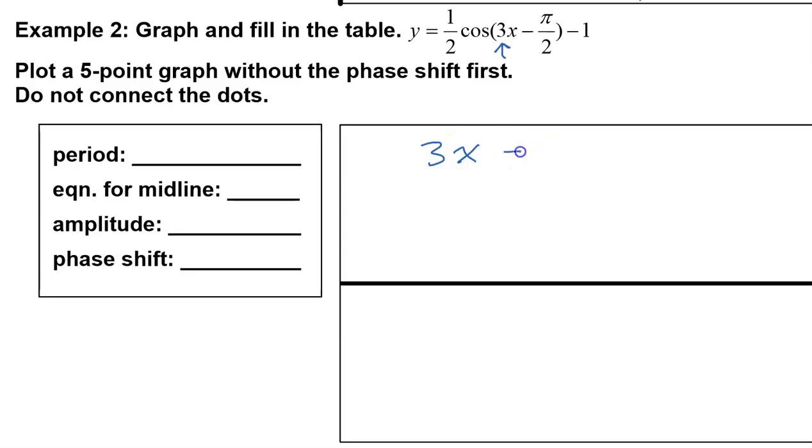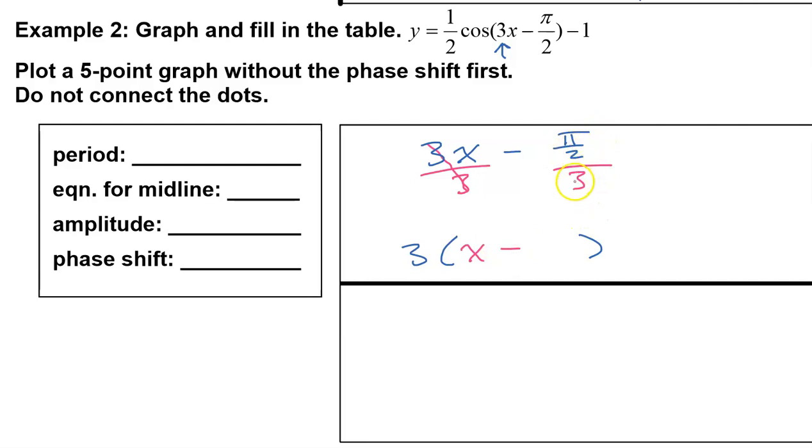So I have 3x minus pi/2. But I really would like for that b value to be outside of the parentheses. So to make that happen, I need to divide everything by the b value. I need to divide both terms by 3. So these 3's will cancel out, and that will give me x minus.